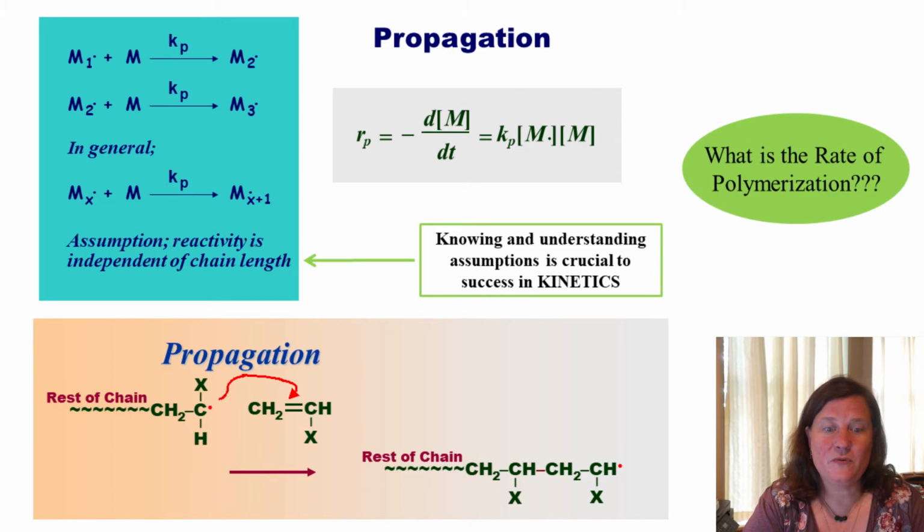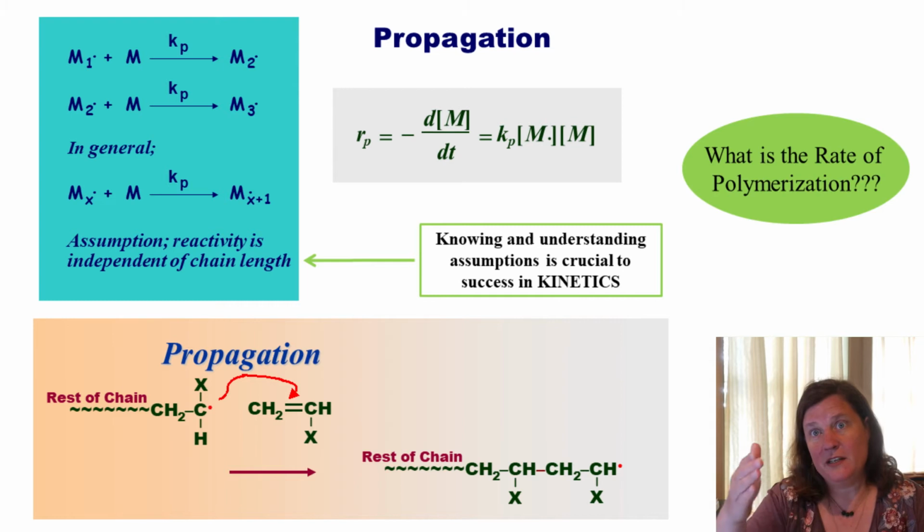What's really important to remember is the same assumption we made in step growth polymerizations, we're going to make in chain growth polymerizations, and that's that reactivity is independent of chain length. And again, it's an excellent assumption. Because reactivity is independent of chain length, we only need one rate law for propagation, because otherwise we'd need a rate law for every length of chain and it would be just a total mess.